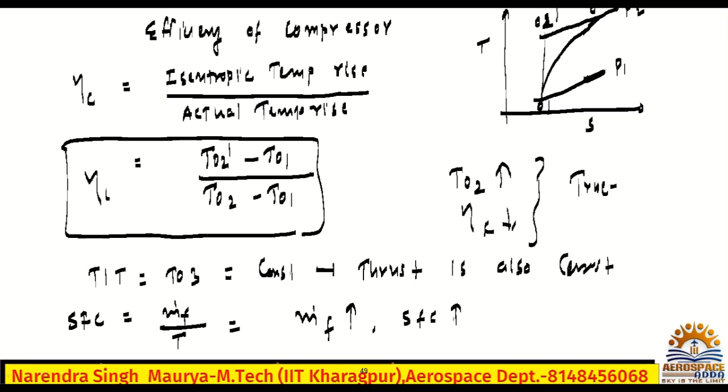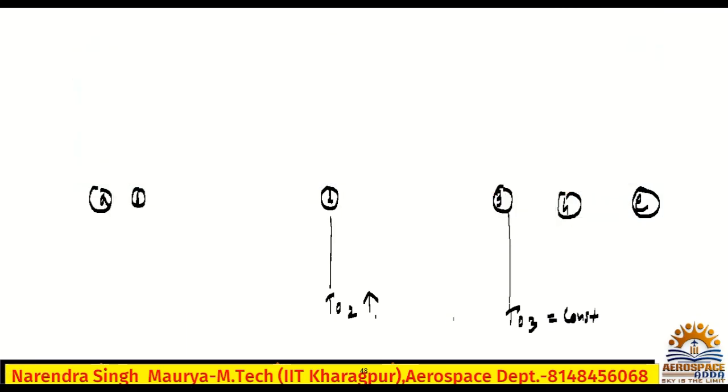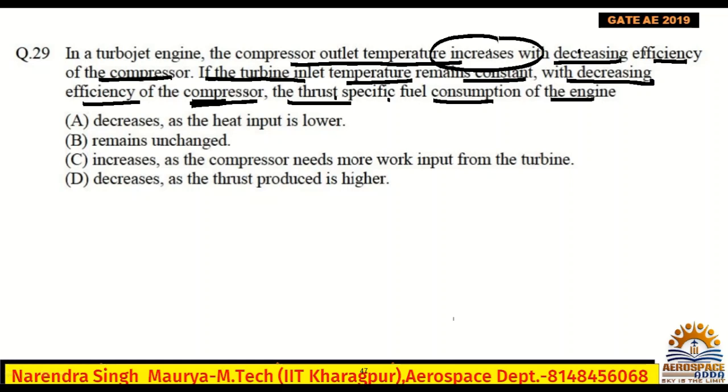Because of the compressor you are not able to raise the temperature, so the other way is to burn more fuel to keep thrust or turbine inlet temperature constant. If you are burning more fuel, m dot f increasing, SFC will be increasing. I hope you understood this explanation.